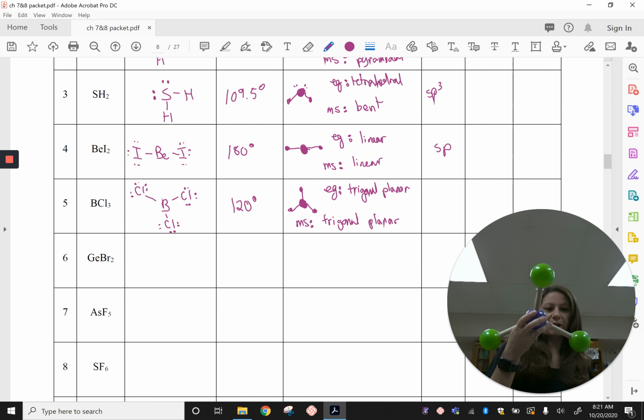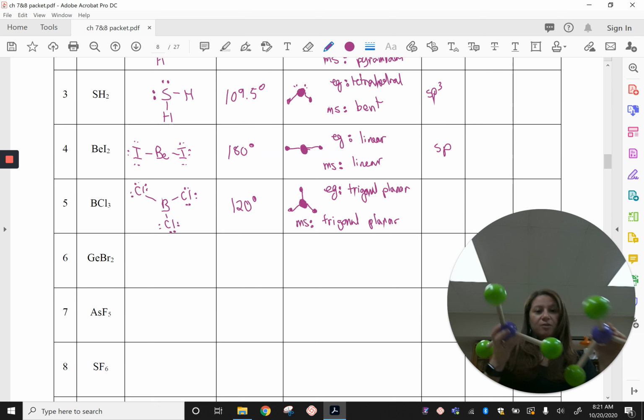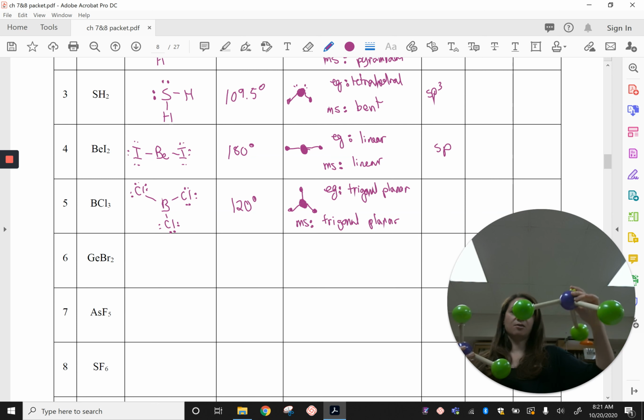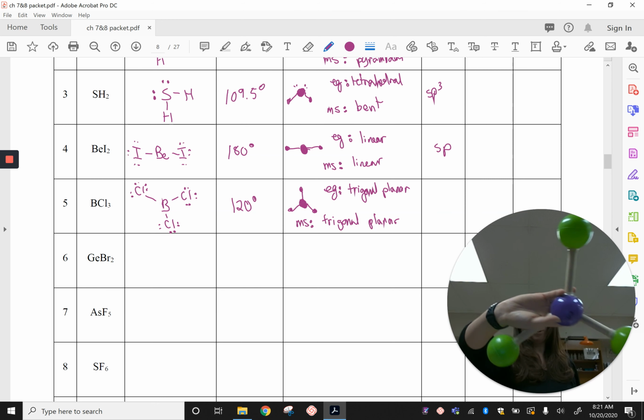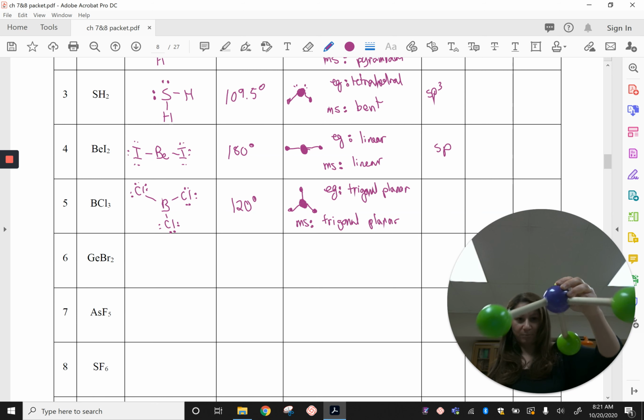This one's trigonal planar because it's in the plane. The reason is because there are 4 areas of electrons here because of that lone pair. 4 areas of electrons, so the bond angles are 109.5, and so it looks like a pyramid because those bonds are pushed in. This one only has 3 areas of electrons, so they can spread out more, and the angle is 120. So trigonal planar, trigonal pyramidal.